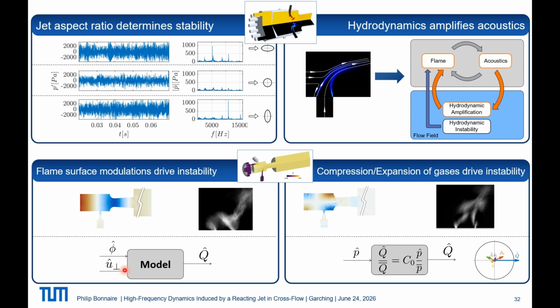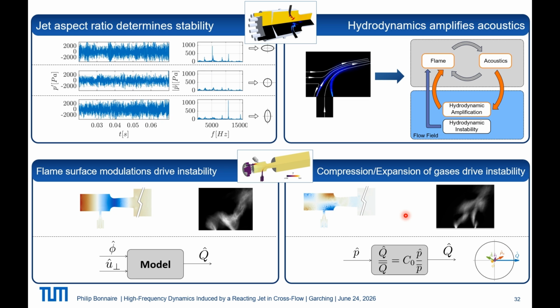So the acoustic velocity fluctuations, which are in line with the axis, drive the instability. So we call them the orthogonal velocity fluctuations because they are orthogonal to the axis of the reacting jet. And also still the equivalence ratio fluctuations are a strong driver of those instabilities that we observed in this case.